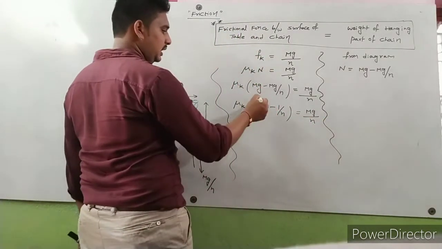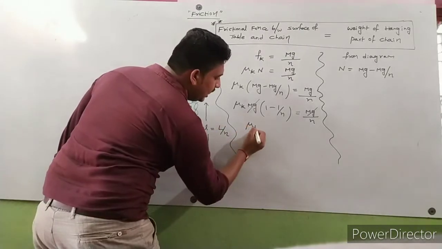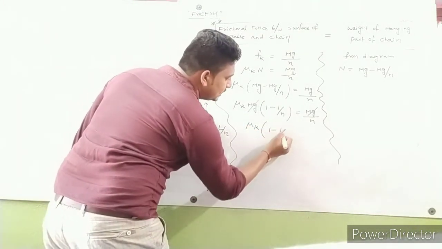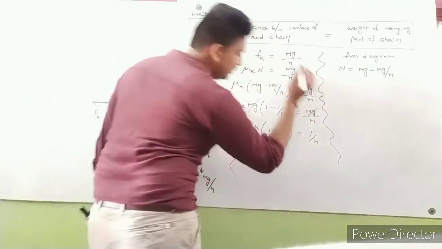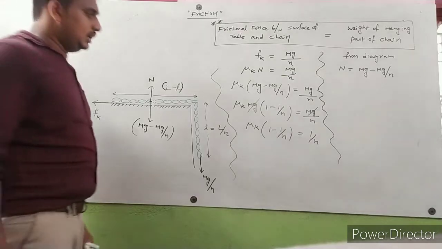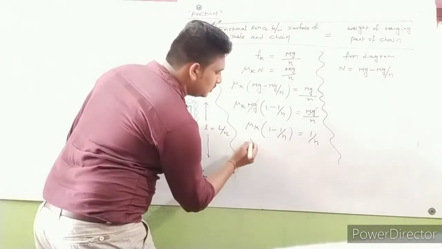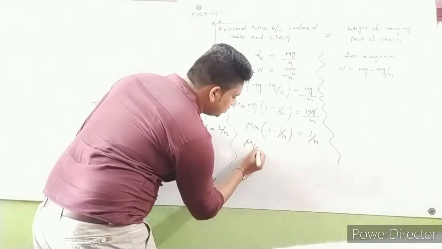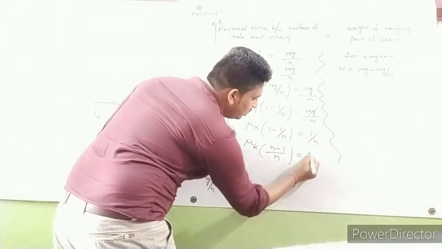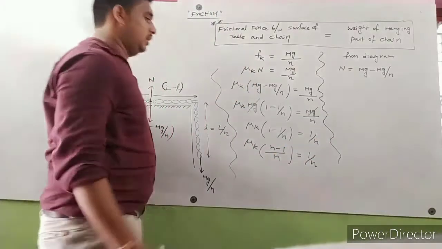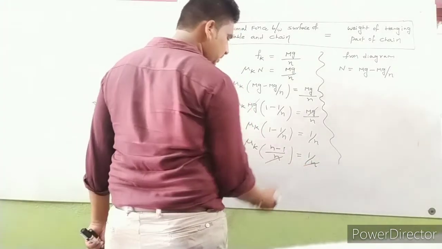Here mg gets cancelled. So finally we get mu k into 1 minus 1 by n is equal to 1 by n. So mu k into n minus 1 by n is equal to 1 by n, and n gets cancelled.